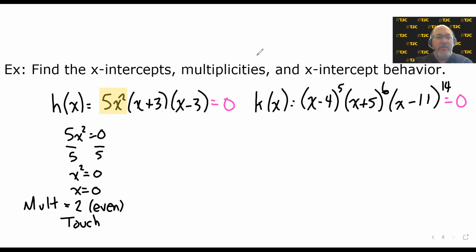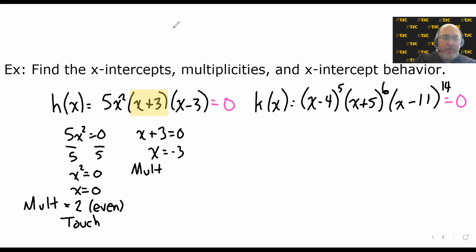The next two factors are a lot easier. The next factor is x plus 3. When you put x plus 3 equal to 0, you can subtract 3 from both sides to get x equals -3. The multiplicity is the power on the factor. Do you see a power on this parentheses?